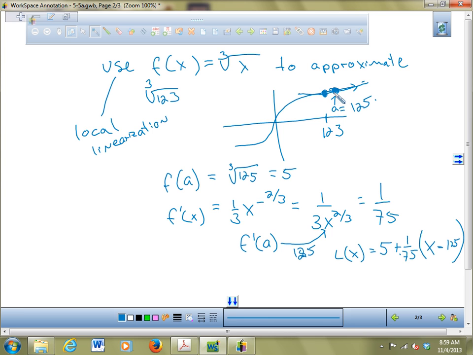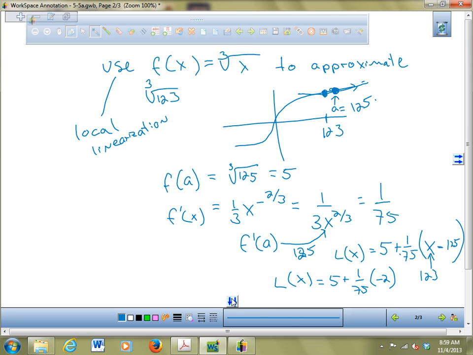And I'm going to use that to approximate the cube root of 123, so I'm going to plug in 123 there. Very close to 125, the curve looks like the tangent line, all right? So L of x is going to be equal to 5 plus 1 over 75 times negative 2, because that's 123 minus 125.